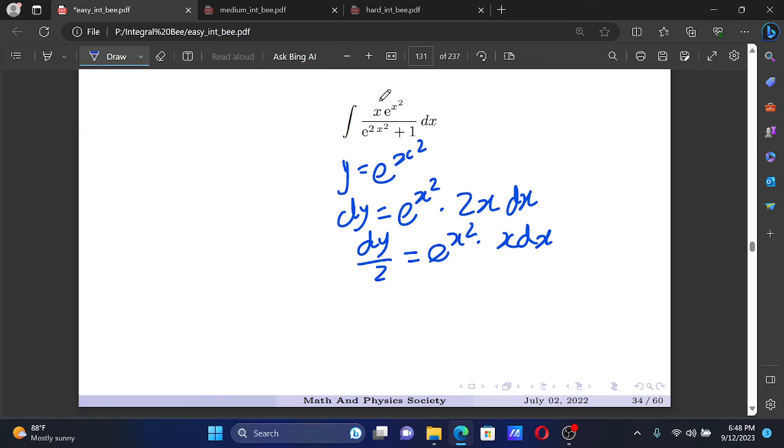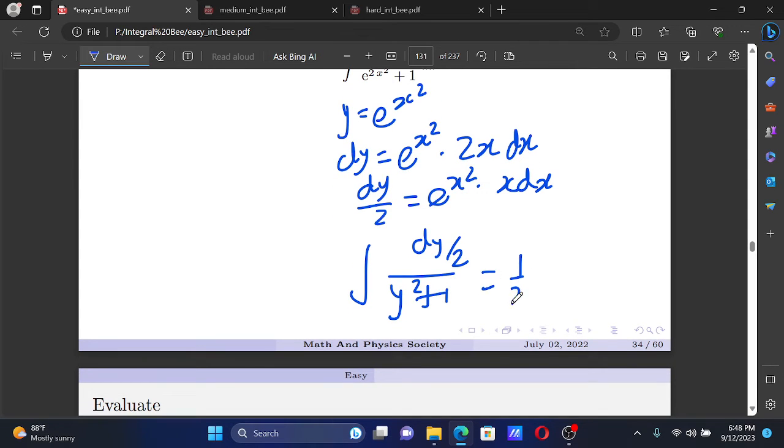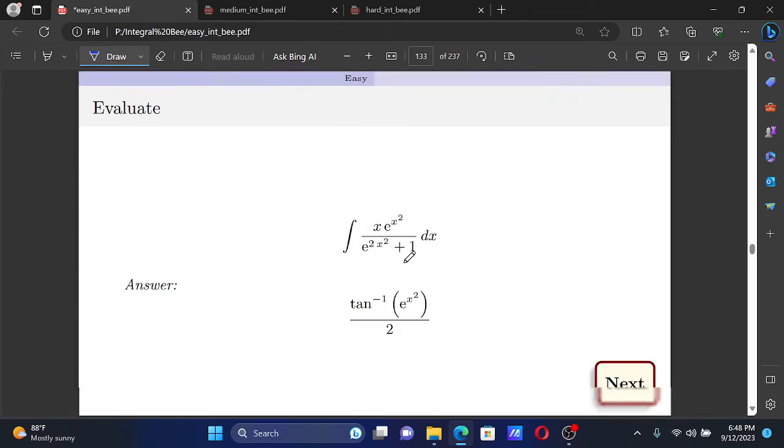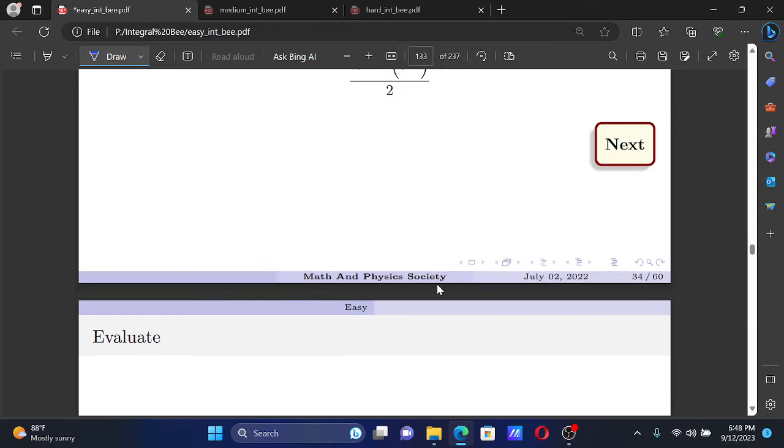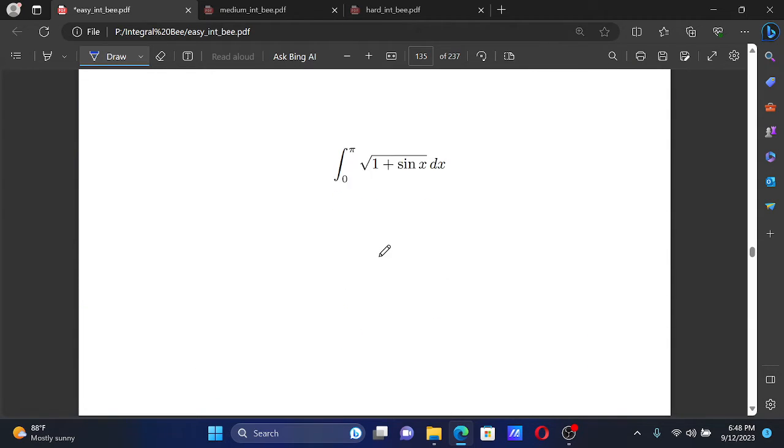Now the numerator is just dy by 2, and the denominator is y squared plus 1. So that's 1 by 2 tan inverse y, and now y is e to the power x squared. So 1 by 2 tan inverse of e to the power x squared plus c is the answer. So go to the next one.